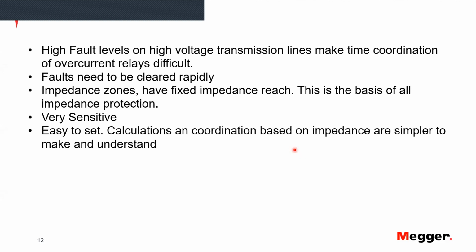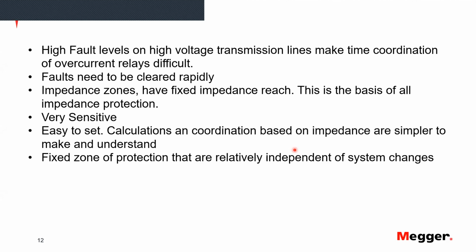The calculations and coordination based on impedance are very simple to make and understand. And we can have fixed zones of protection that are relatively independent of system changes because they depend only on the impedance of the line that we are protecting and not on the amount of load, well, not absolutely, but they're very independent of the amount of load that we are transferring.